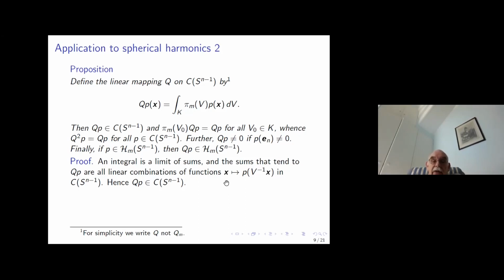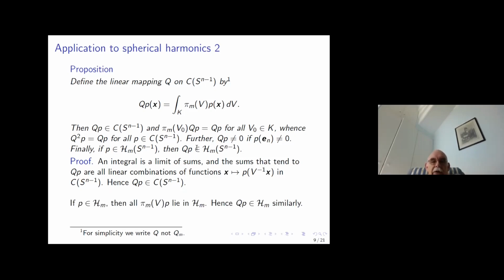And this limit of linear combinations is a uniform limit of continuous functions, and therefore it's a continuous function. So this tells me that Q of P is a continuous function. So that's, I guess, vector-valued integration.